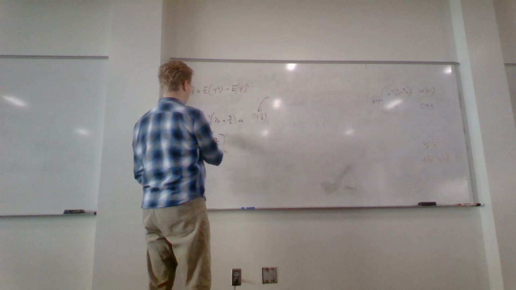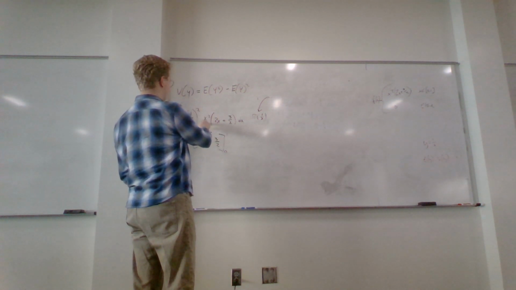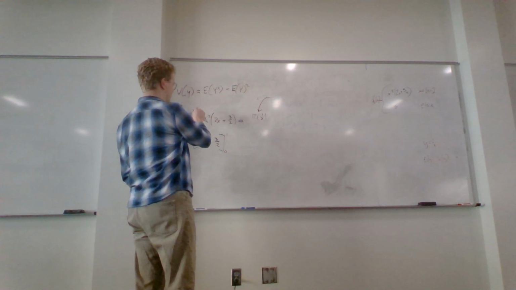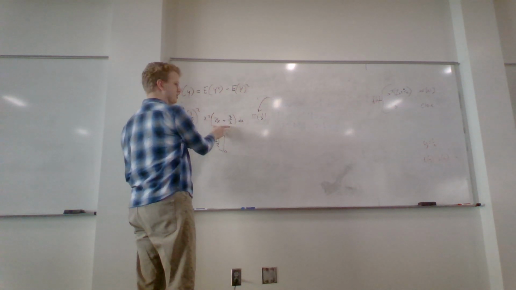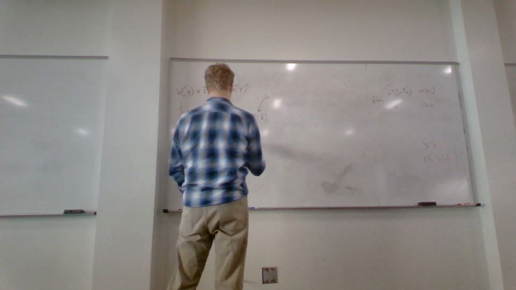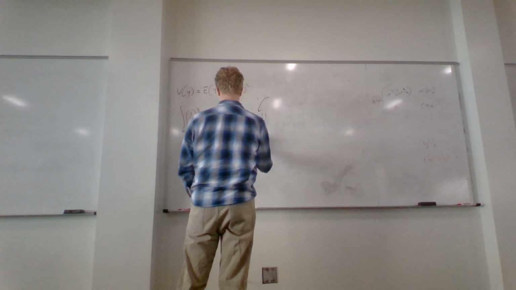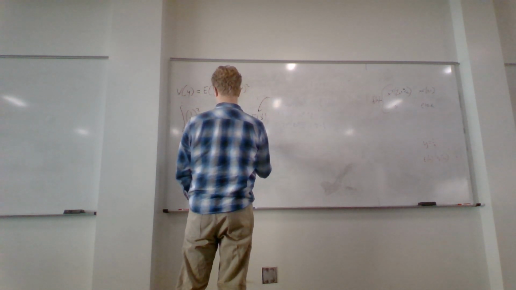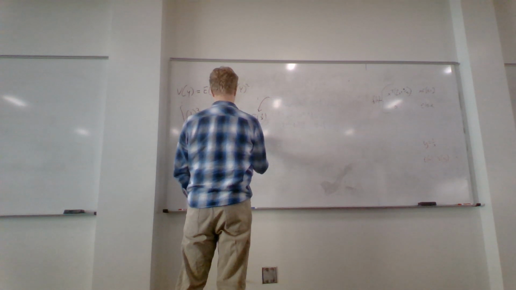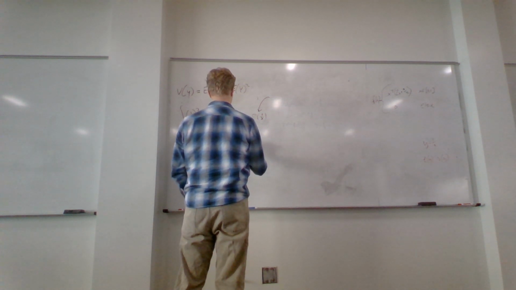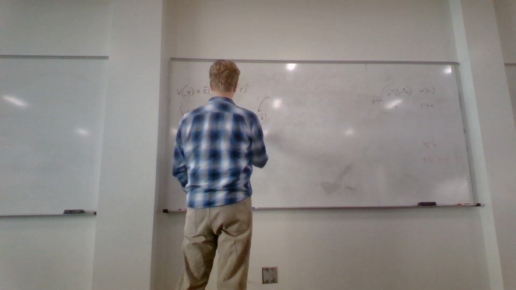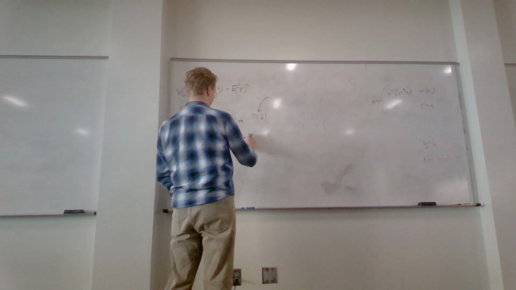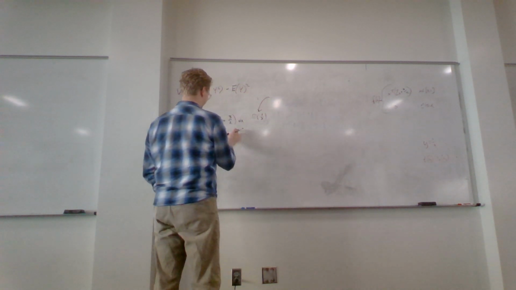Did I do that right? 1 over x squared times x squared is 1. You're right. So you just have that. It's just from 0 to 1. Yeah, I got ahead of myself.